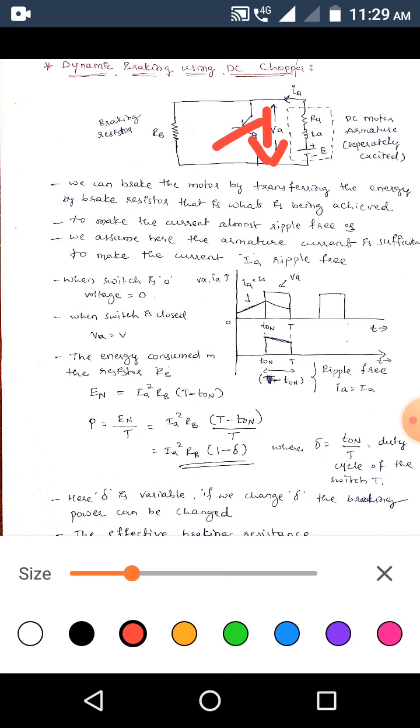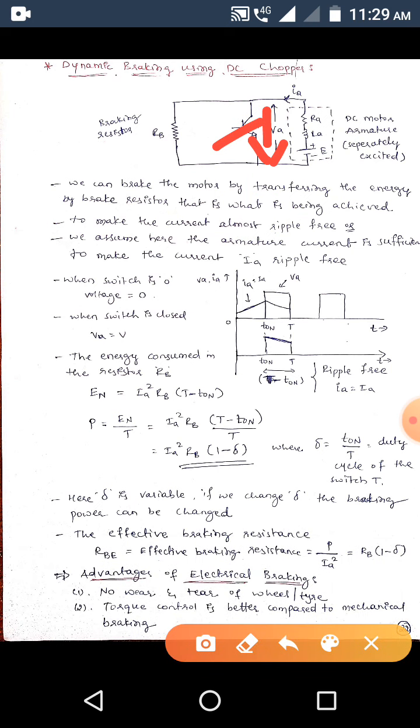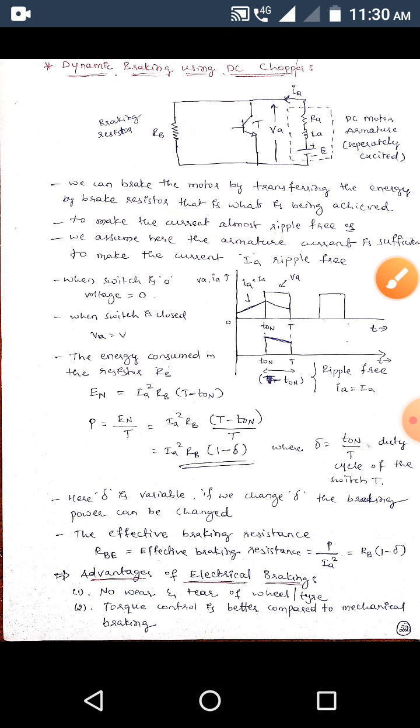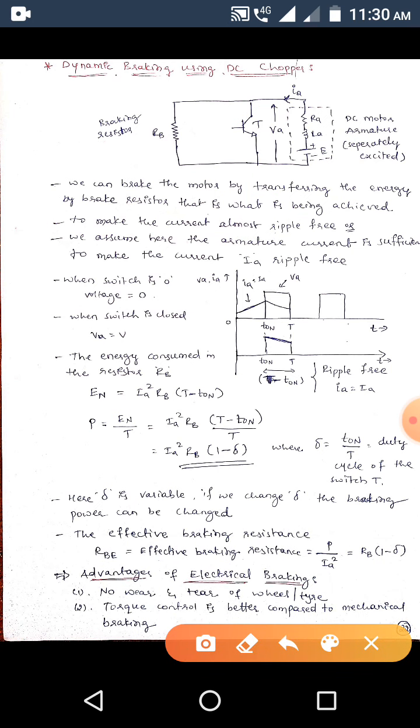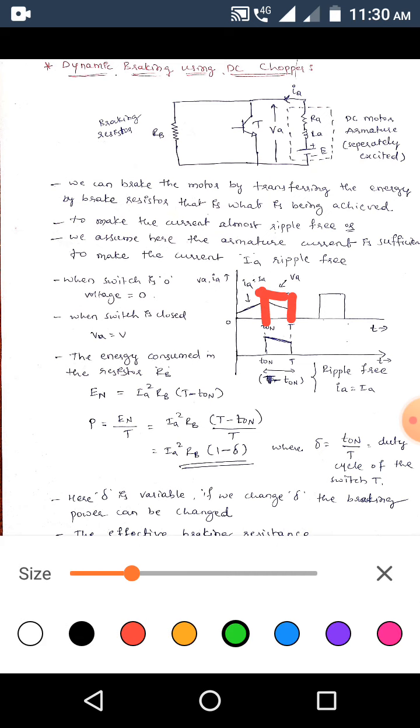Then there will be some voltage rise. So this is the graph. Initially it was 0 here.